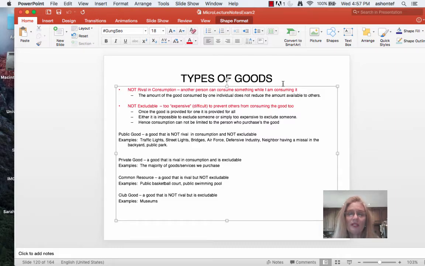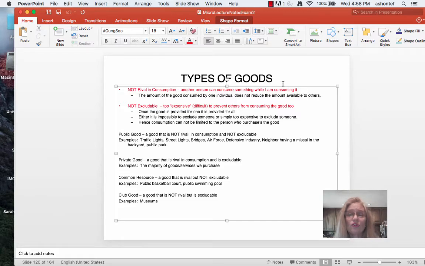So a quick reminder, when we're looking at types of goods, there's four we can categorize. So something can either be a public good, private good, common resource, or a club good. So to keep them straight in your mind, you want to think about these two ideas of what's called not rival and not excludable, or the other way you can look at it is as rival and excludable.